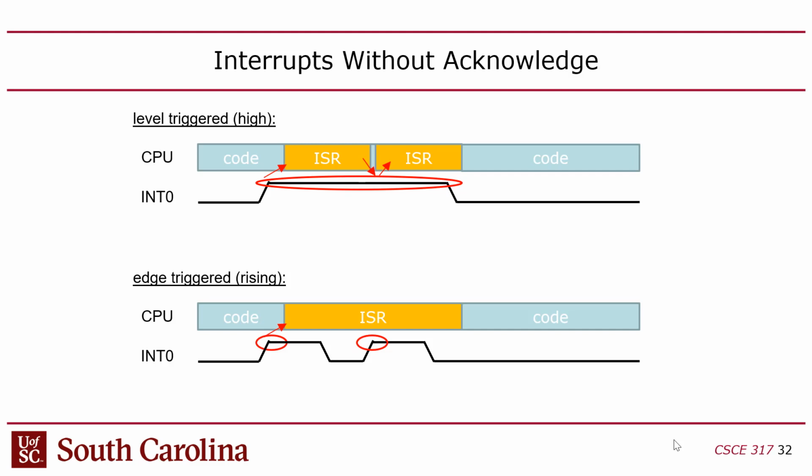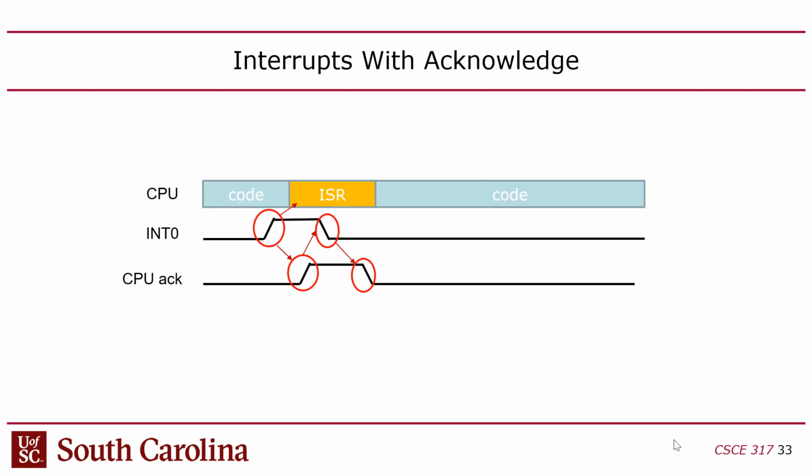And so the way to solve that is to have another wire that goes back from the CPU to the peripheral, which would be an acknowledge wire. That way, you can have a handshake between the device and the CPU for processing the interrupt. So the device could raise the interrupt wire, and the CPU could then go into the interrupt service routine.